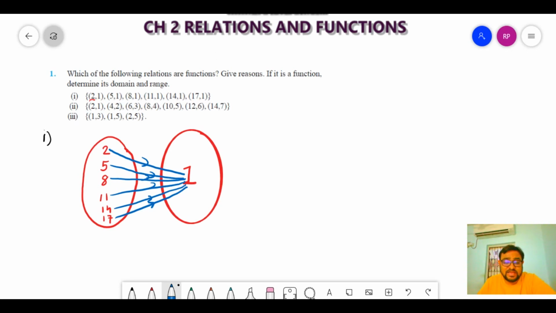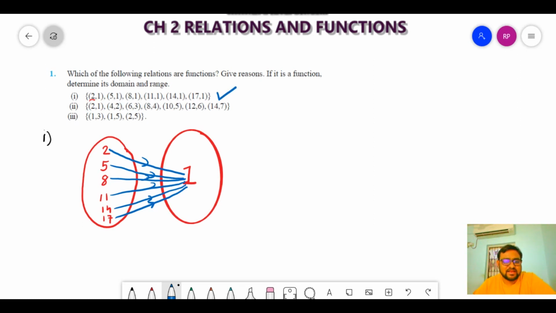So what was the definition of function? The definition of function means every element of the domain will have one and only one image. So that is satisfied. So yes, this is a function.